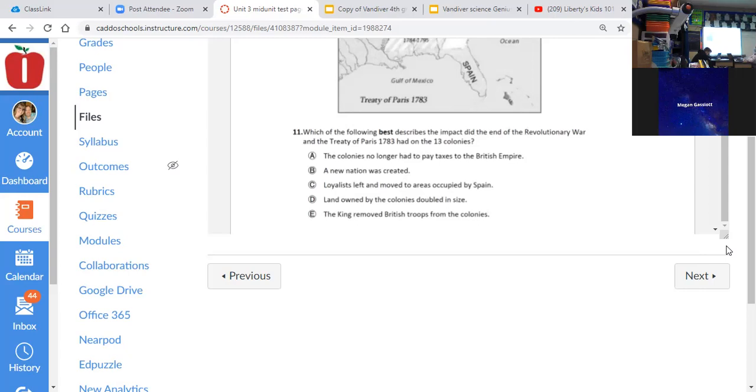Loyalists left and moved to areas occupied by Spain. Land owned by the colonies doubled in size. Or the king removed British troops from the colonies. Logan. Not C. Best 2 answers.